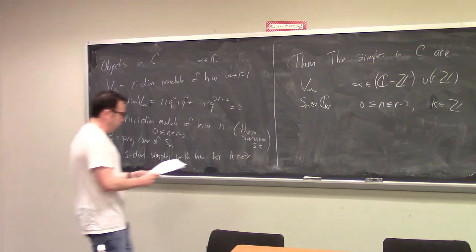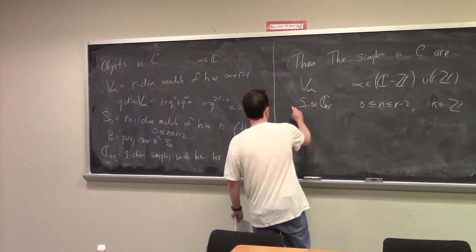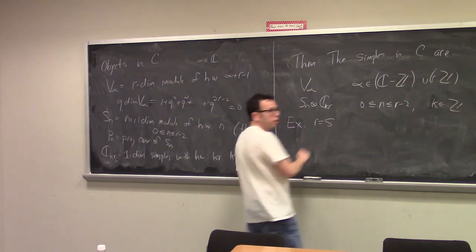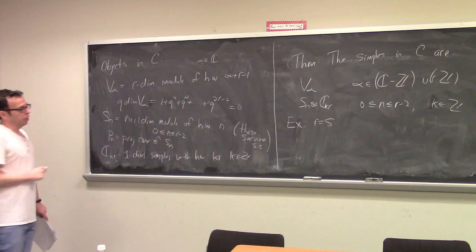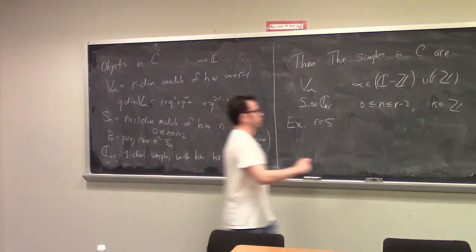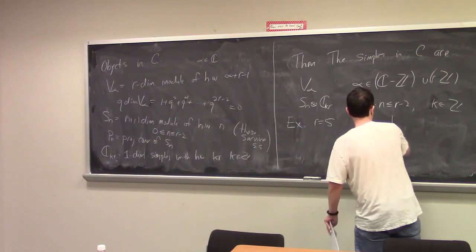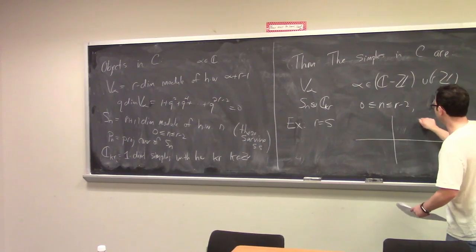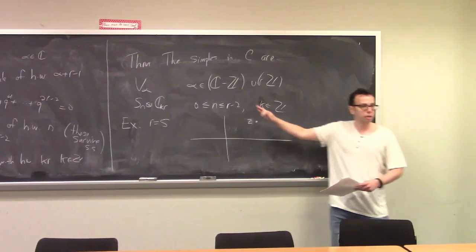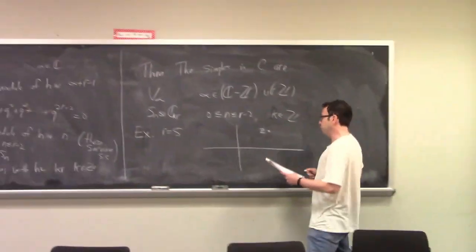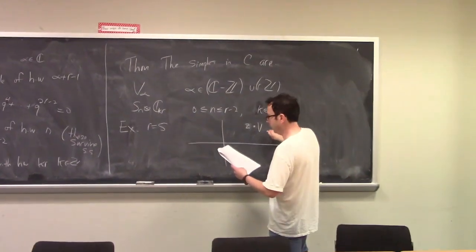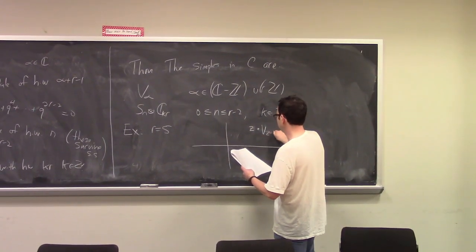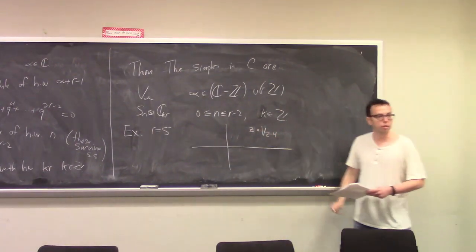So maybe just to give some graphical perspective as an example, let's take r to be 5. At every point in the complex plane, we have a simple. If we take, let's say, this point z in the complex plane, this generic point, we have the simple, which I would say is V_alpha, V_z minus 4, just in my notation.